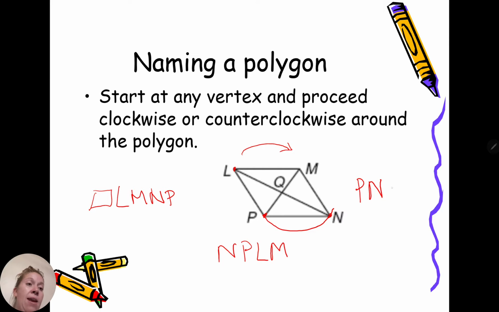So we could name it P, N, M, L. But again, they have to go in consecutive order. You cannot say P, L, N, M, because now you're going across the shape, and that's something entirely different. All right?